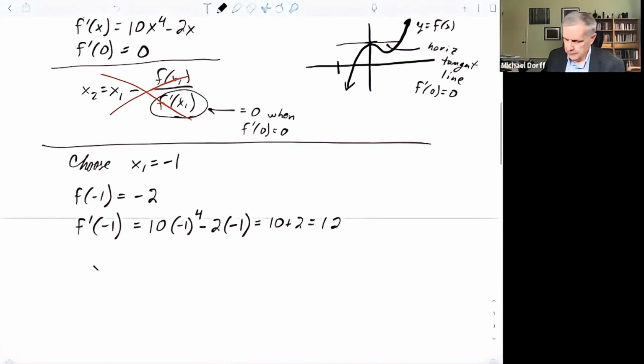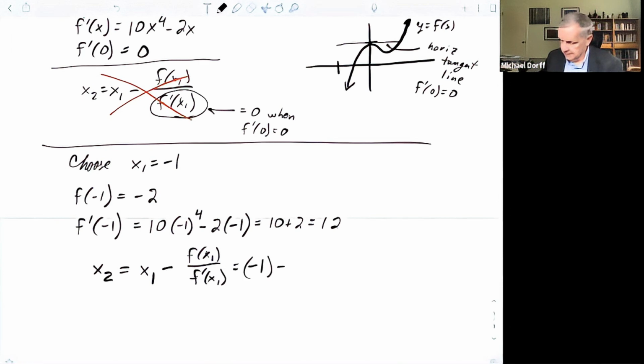All right, so then we can figure out the second point in our iteration. We started with x1 equal to -1. Our second point is going to be x2, and that's again going to equal x1 minus f(x1) over the derivative of f at x1, which is then going to be -1 minus (-2) over 12.